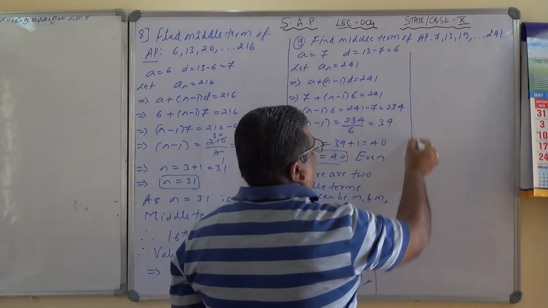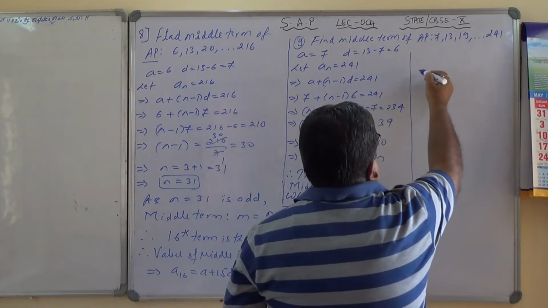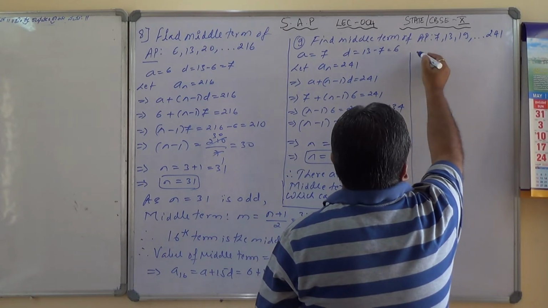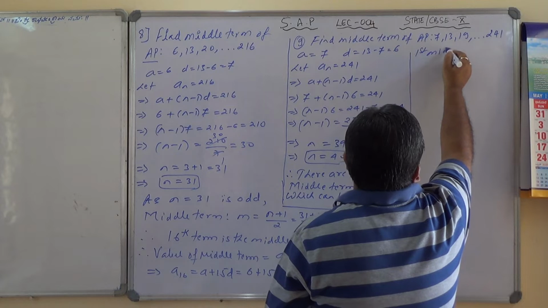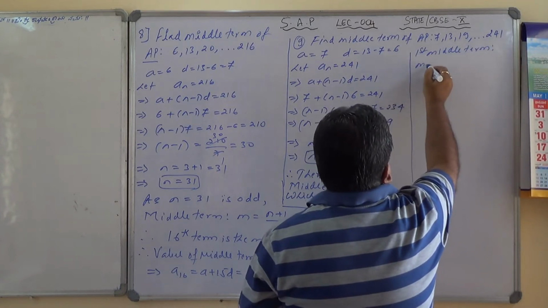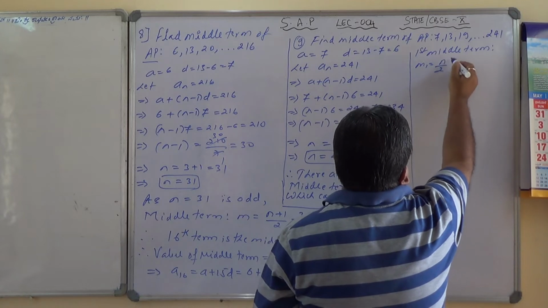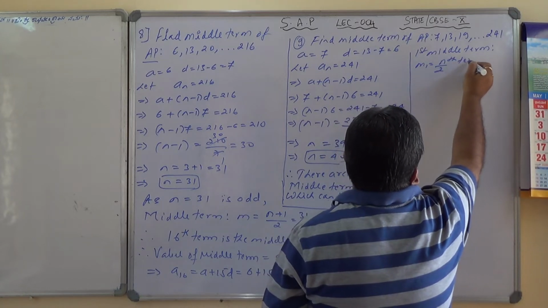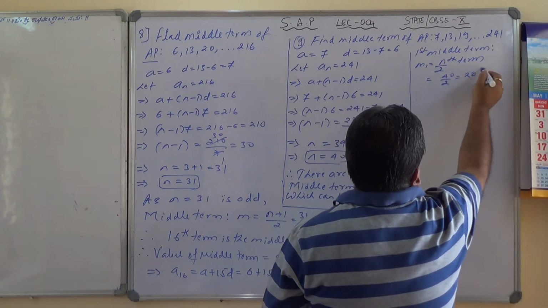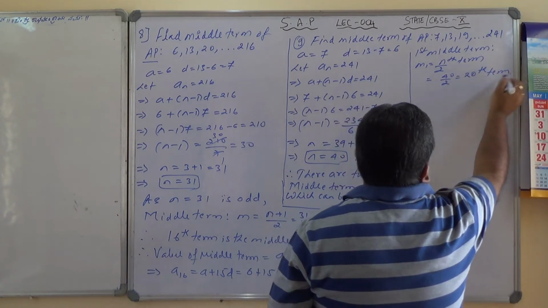So here we will work out M1, the first middle term. M1 equals the N by 2th term, which is 40 by 2, which equals the 20th term.